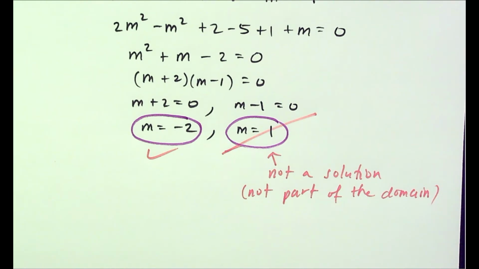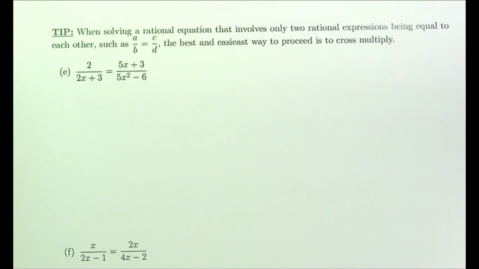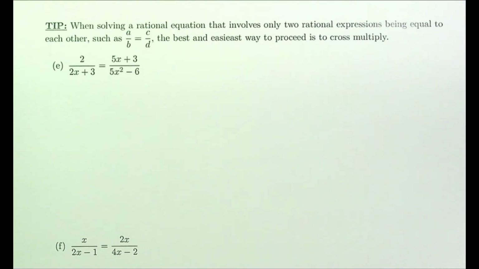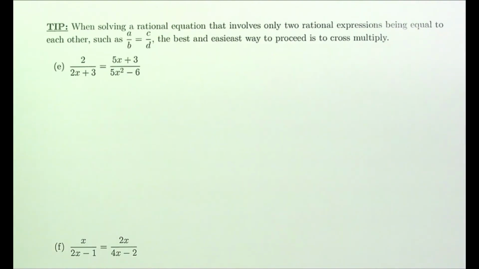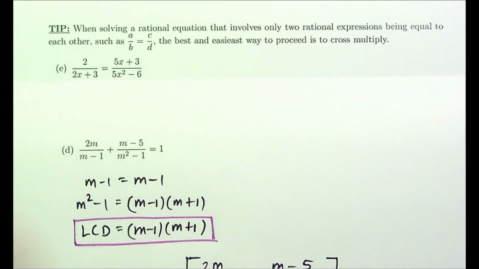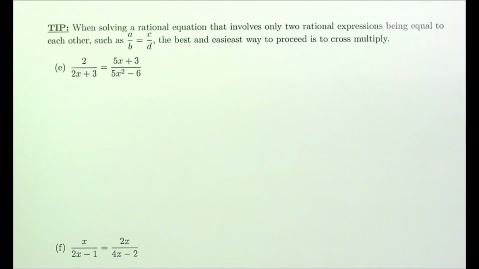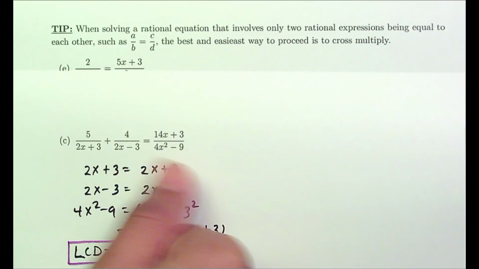There's nothing else to say, but there's one pro tip though. There's one pro tip that I like always mentioning, and here's the pro tip. When the rational equation has only two rational expressions, unlike this one, which has three terms, 1, 2, and 3, and the other one that we did also has three terms, 1, 2, and 3.